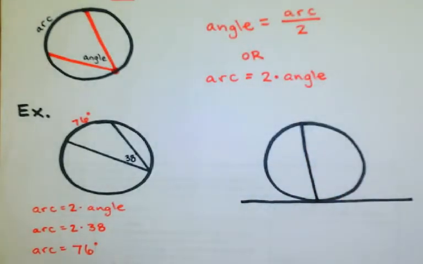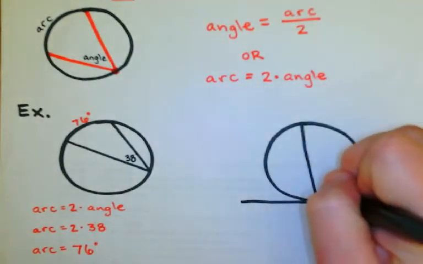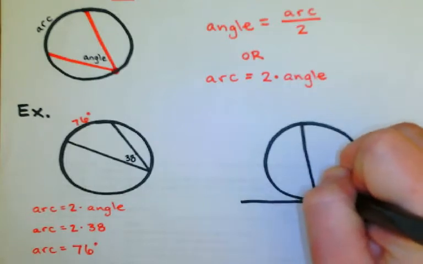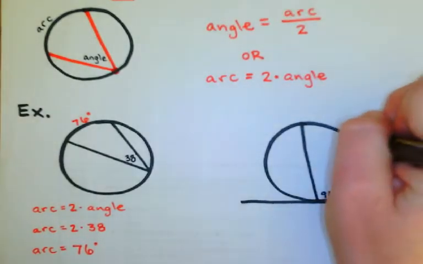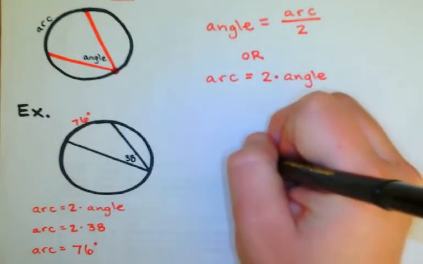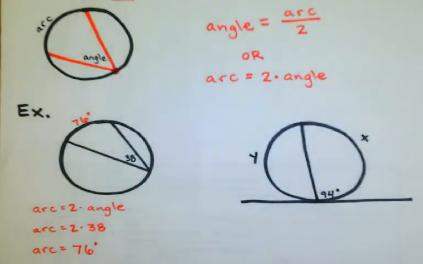And we know that this is 94 degrees, and we're going to find both arcs of the circle. All right, we're going to find x and we're going to find y.